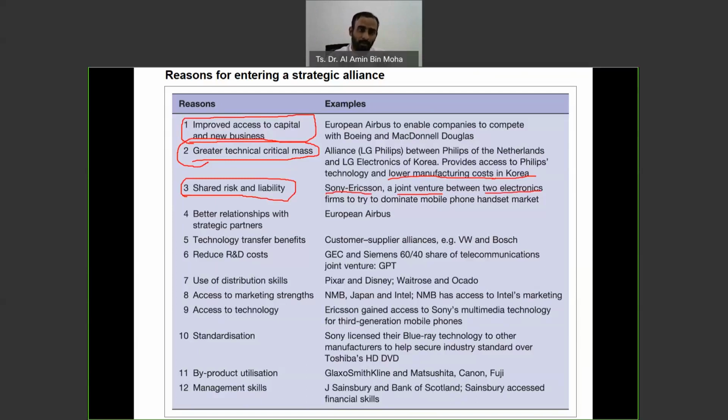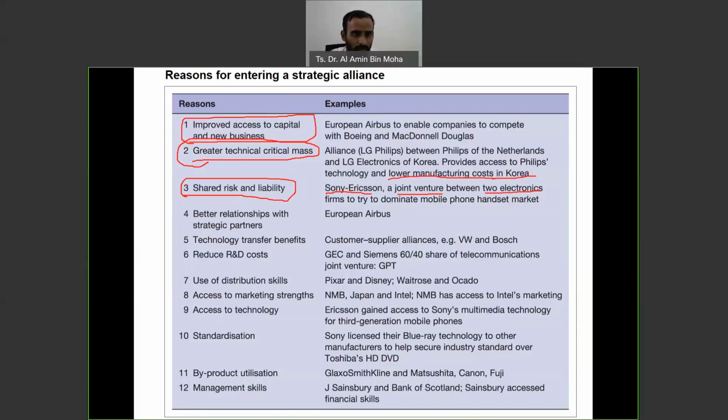So if anything goes wrong, instead of doing it alone, let's say they are going to lose 1 million because of the failure of the project, but by having the risk divided between two companies, instead of losing 1 million, they just lose 500,000. It minimizes the risk.